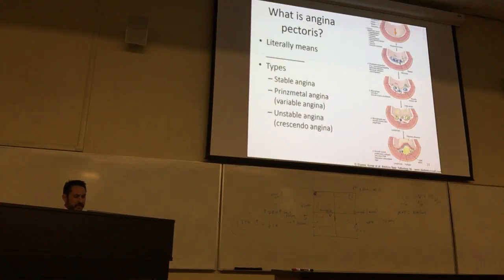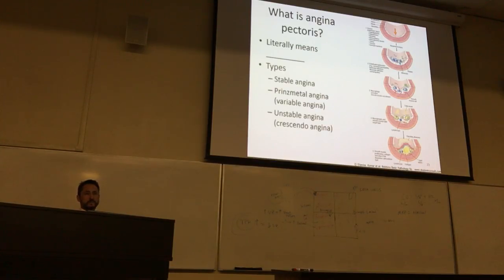If we look at angina, it's translated to a strangling feeling in the chest, or chest pain. We've got a couple of types that I want to describe. Angina pectoris is intermittent pain due to myocardial ischemia.